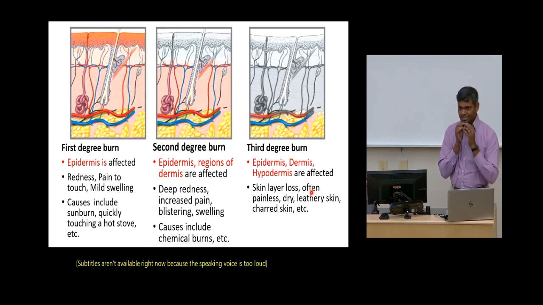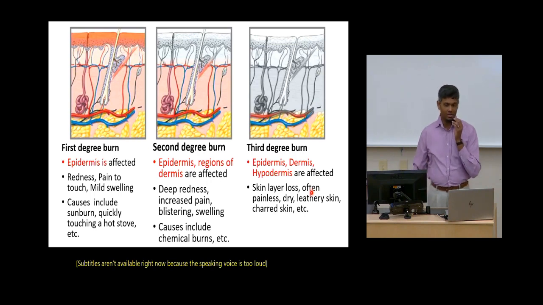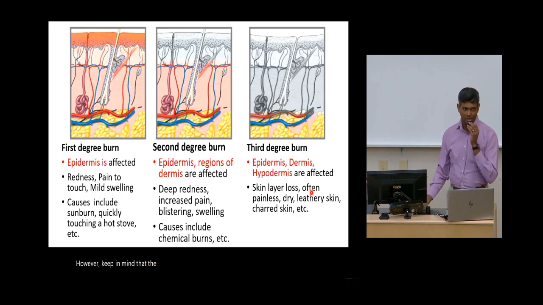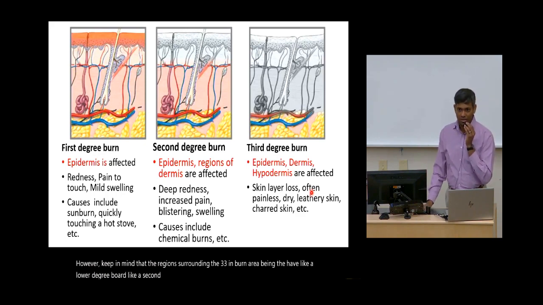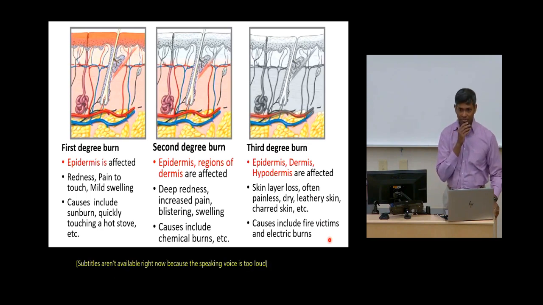The reason it's painless is because the nerves have been damaged, and so you're not able to feel pain in that region which has a third degree burn. However, keep in mind that the regions surrounding the third degree burn area may have a lower degree burn, like a second or first degree burn. So in those areas you can sense pain as well. And this could include fire victims and those suffering from electric burns.